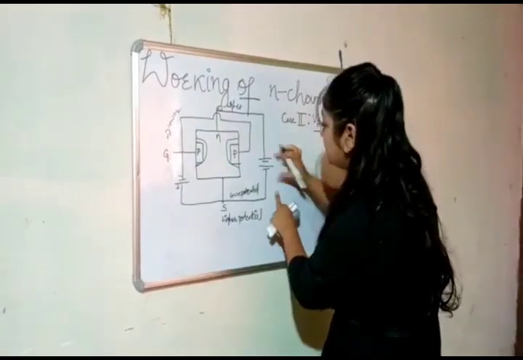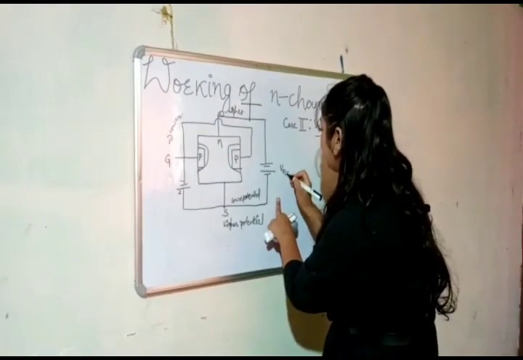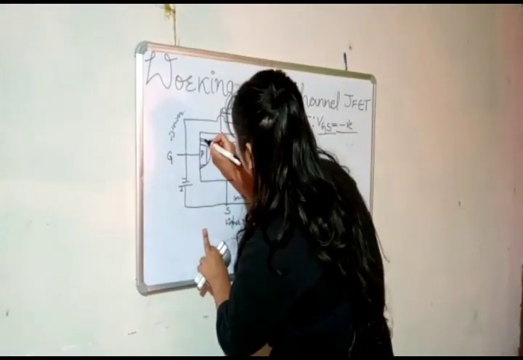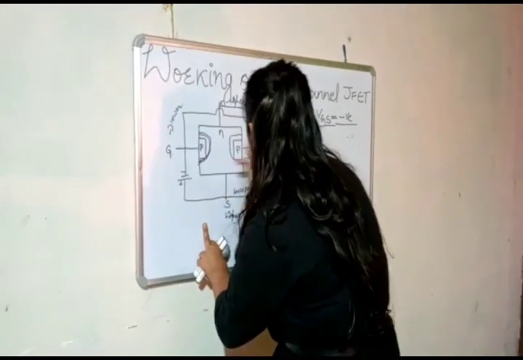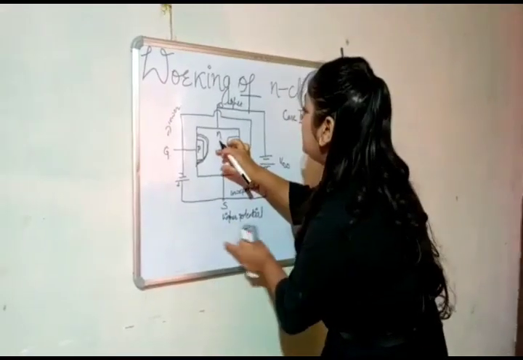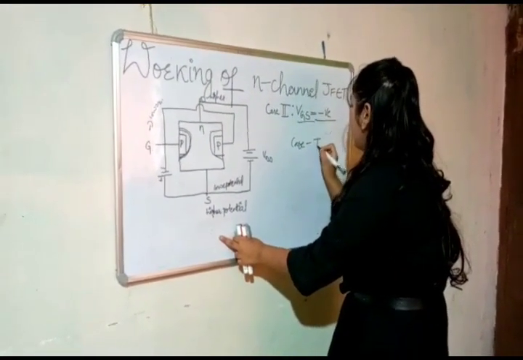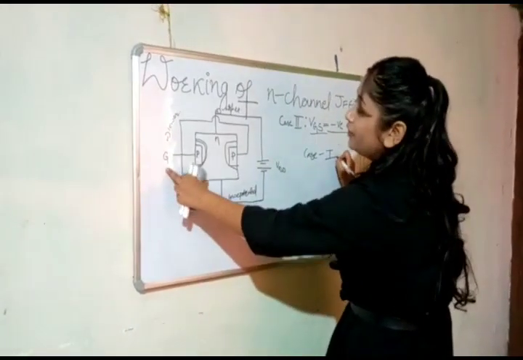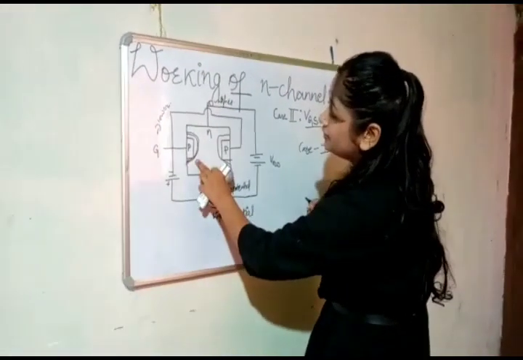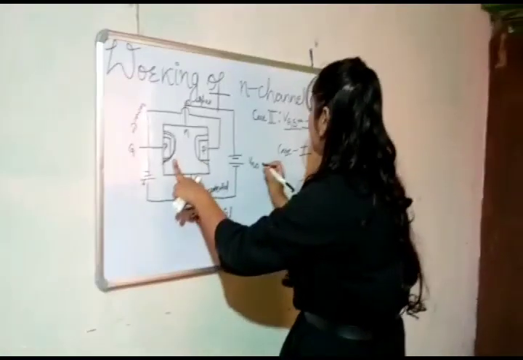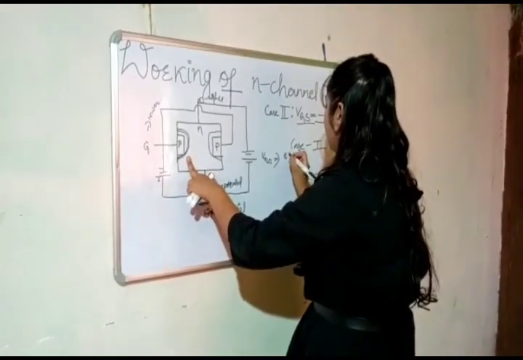And when we apply this voltage VDD, it will lead to the increase in this depletion layer. But in this case 2, this depletion layer will increase faster than in case 1, because VGS has already increased this depletion layer, and when we apply VDD, we don't need to reach VDD equal to 8 volt.